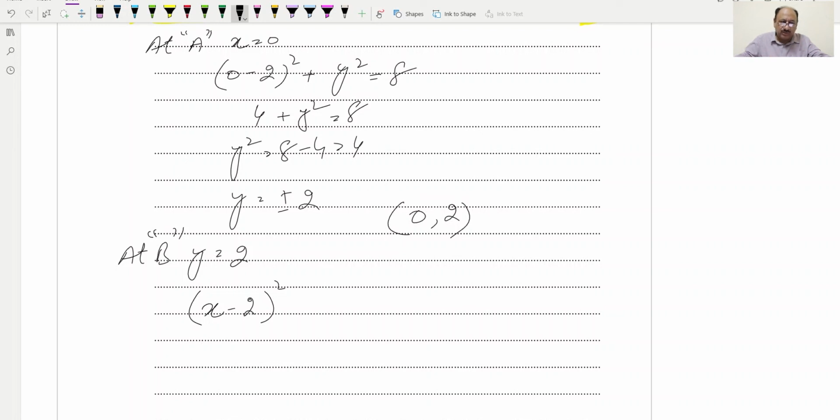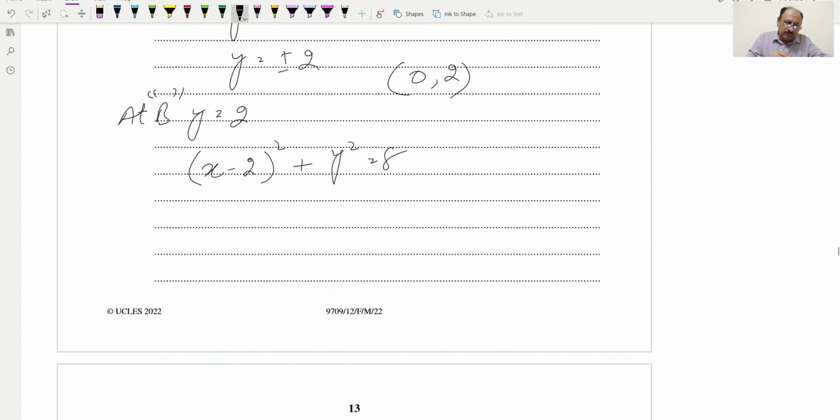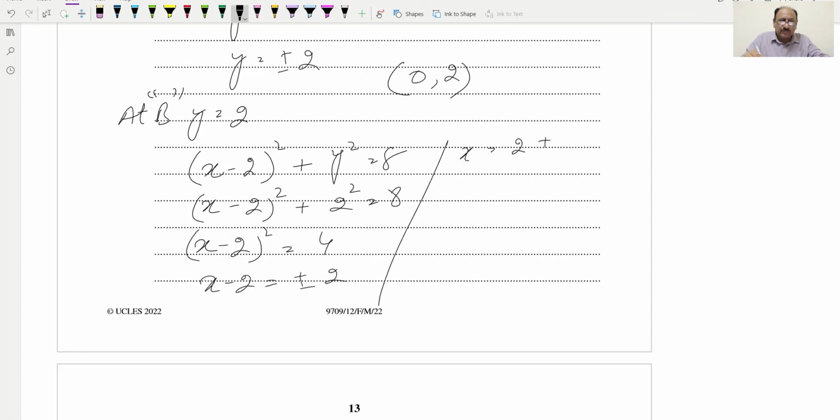This is basically the equation of the circle. So in this equation we will replace y is equal to 2. So this will be 2 squared, which we can write, is equal to 8. (x minus 2) squared is equal to 8 minus 4, so it will be 4. And x minus 2 is equal to plus minus 2, and this implies x is equal to 2 plus minus 2.